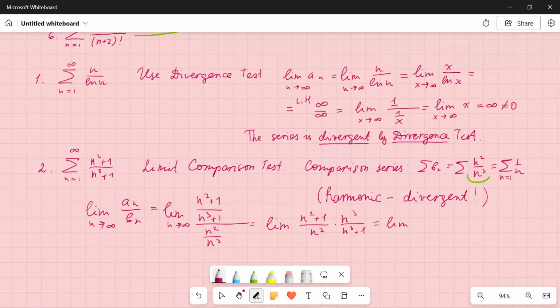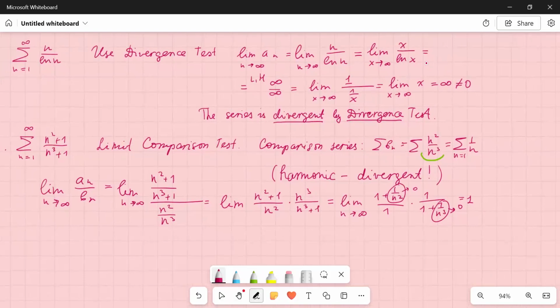And my limit is going to be 1 plus 1 over n square over 1, and here 1 over 1 plus 1 over n cube. And we know that when n goes to infinity, this will go to 0, this will go to 0, and we are going to have limit equal to 1. For us, it's important that it's not equal to 0 and not equal to infinity.